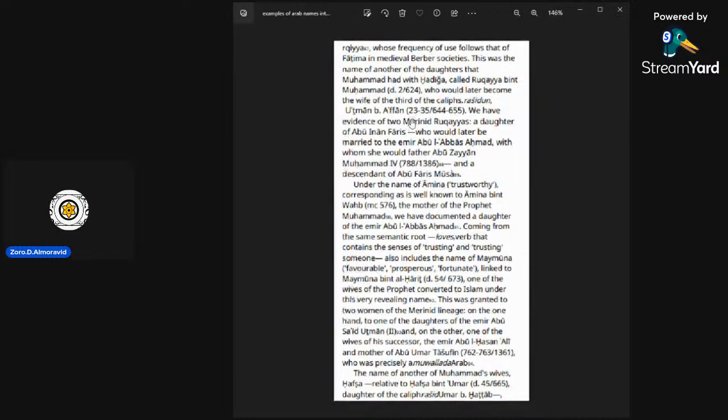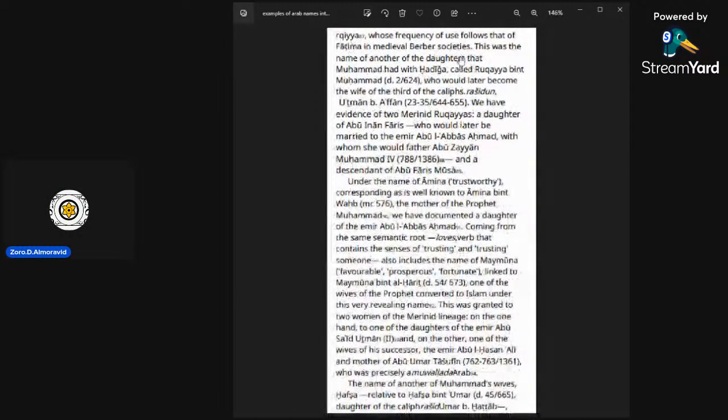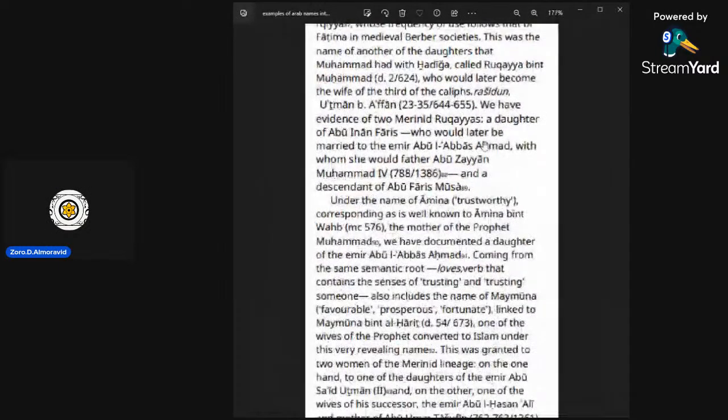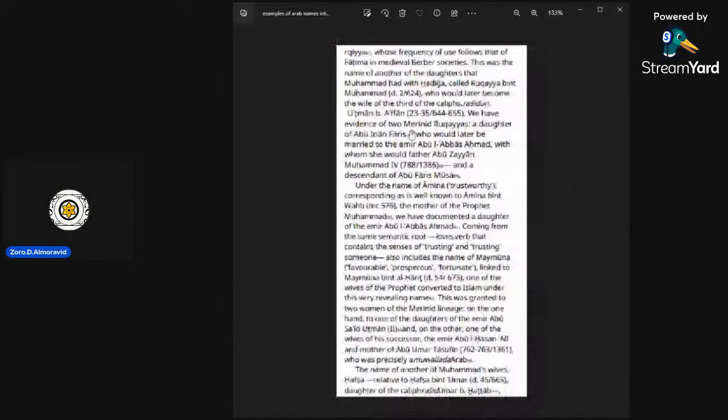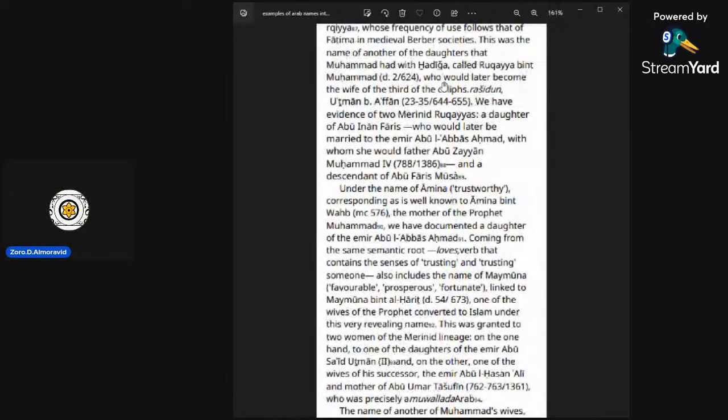So, as we can see, the names of the daughters in the Marinid dynasty are a combination of Berber names and Arab names, altered, and in some cases just slightly altered, maybe as a weakness of consistency.